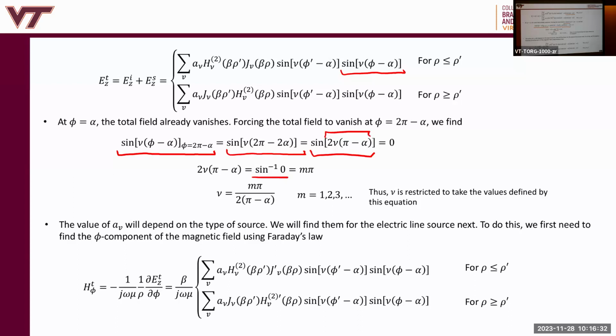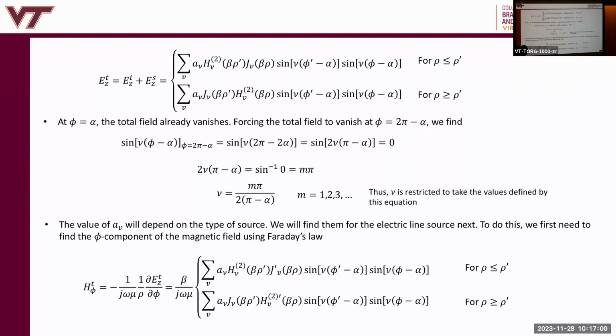Take the sine inverse of both sides. Sine inverse of 0 is n pi. So nu is equal to this expression for m integer. Nu is restricted to take these values that are a function of the index m, and m is restricted to integer values.